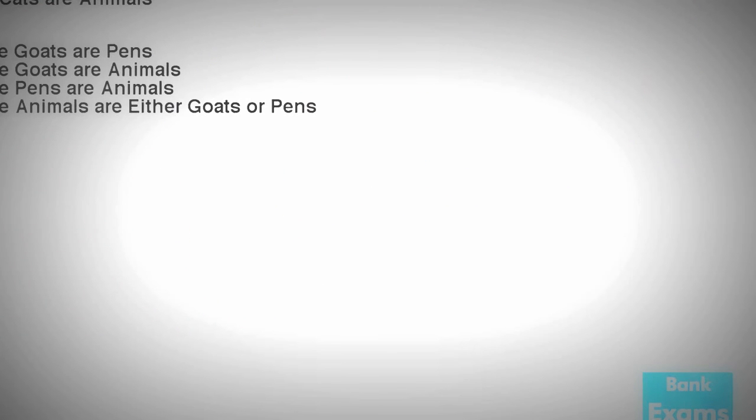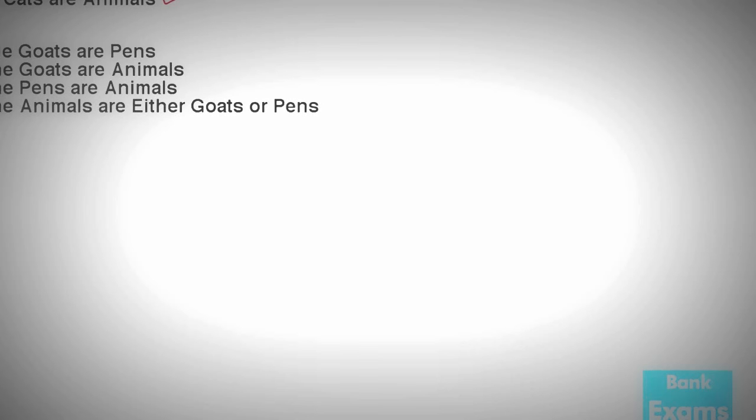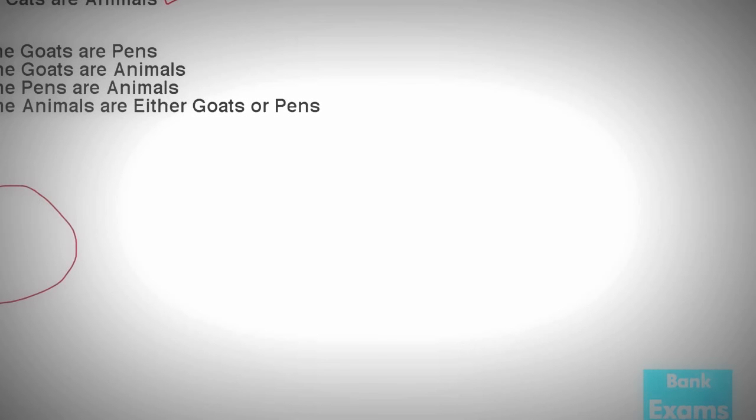Let's do another question. Some goats are cats, some pens are boxes, and some cats are animals. Then there are four conclusions. So let's draw the diagram for these three statements. First of all, some of the goats are cats. Let's draw a circle for goats, and this one for cats.